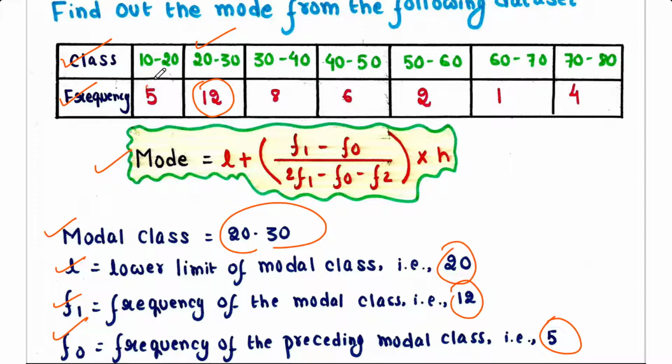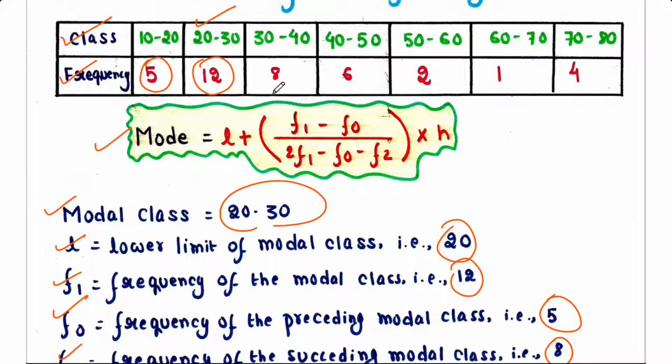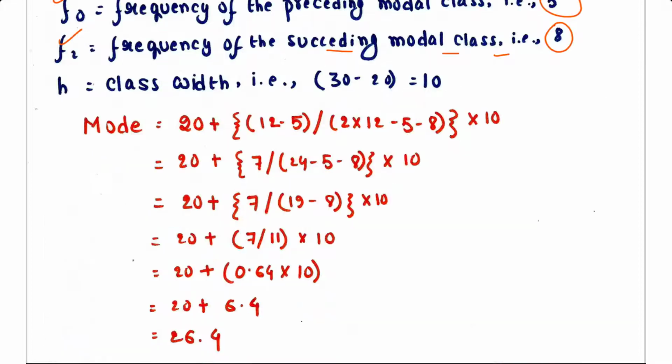F2 is equal to the frequency of the succeeding class, that is 8. h is equal to the class width, that is 30 minus 20, which is 10. If we put all these values in this formula, we can find the mode. So the mode is 26.4.